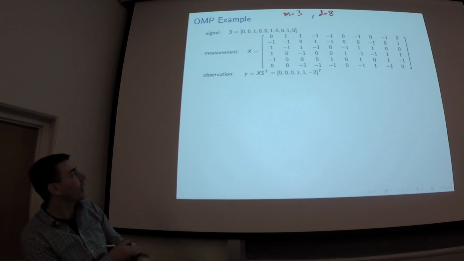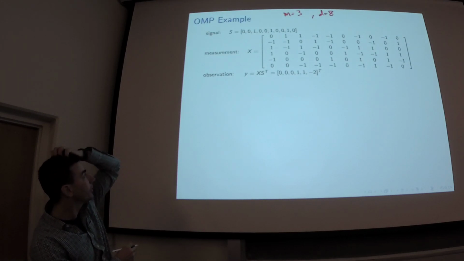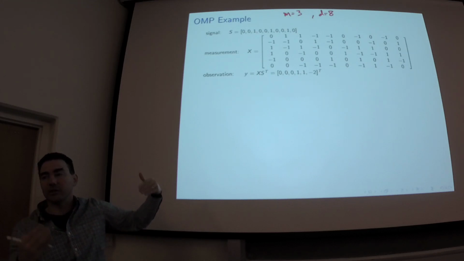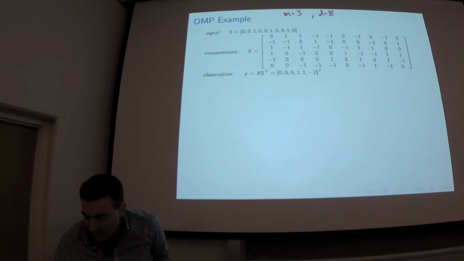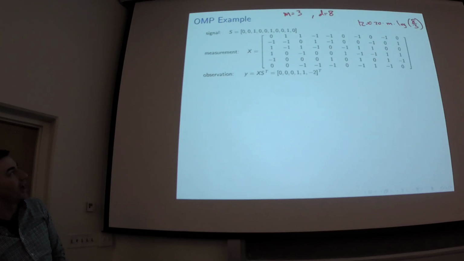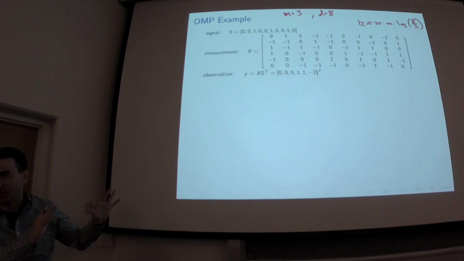The number of actual observations I need to make, k, was supposed to be like 20 times m times log of 8 over 3, and I've made 6. So the theory is not backing up. It should work, but I think I've chosen it carefully so it does work.